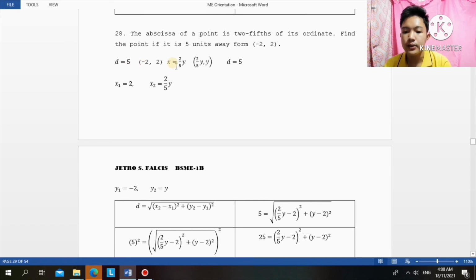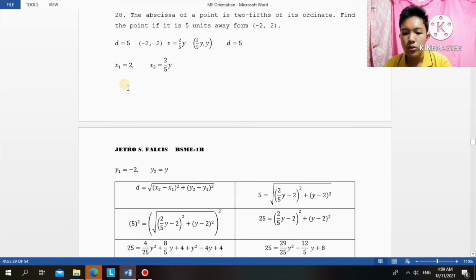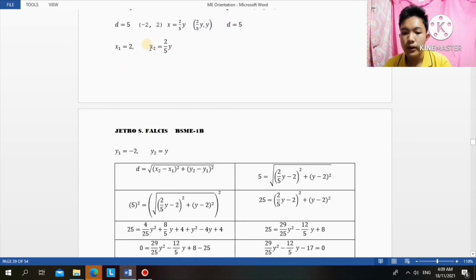So x is 2 fifths of y, since the abscissa of a point is 2 fifths of its ordinate. So our other point is (2 fifths y, y). So our x sub 1 is equal to negative 2, then our y sub 1 is equal to 2. So our x sub 2 is equal to 2 fifths y, then y sub 2 is equal to y.